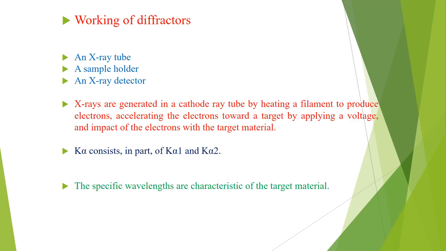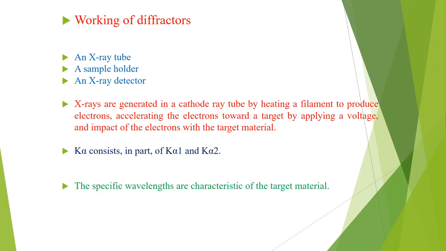X-rays are generated by heating the filament to produce electrons, and these electrons are accelerated towards the target material by applying high voltage, and the impact of these electrons is such that they can eject X-rays from that material.